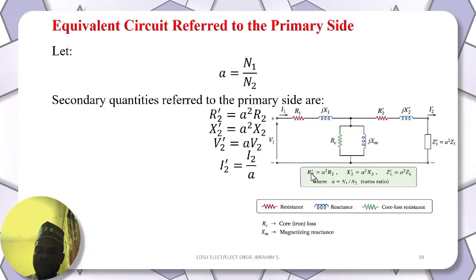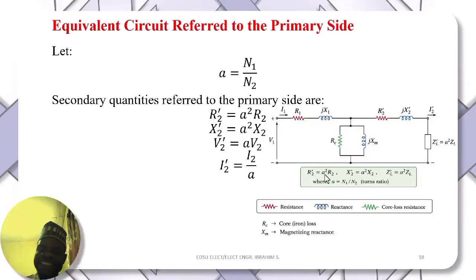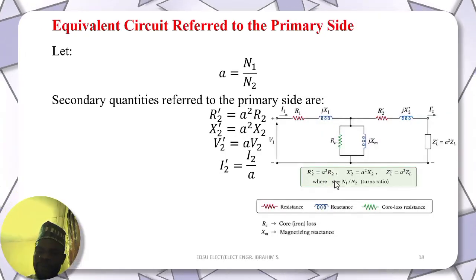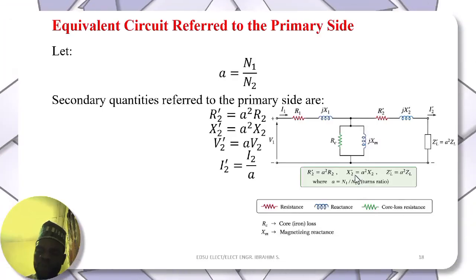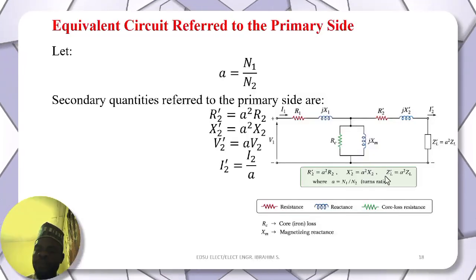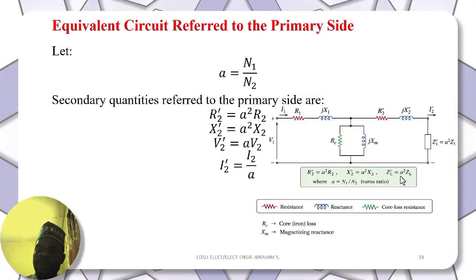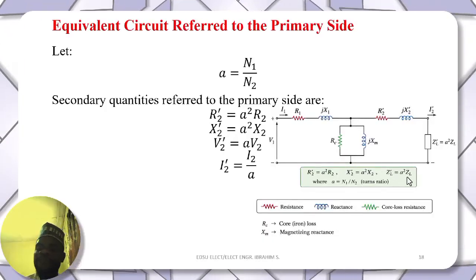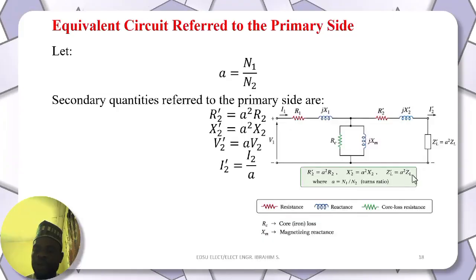So our secondary resistance when referred to the primary is a squared, that is turns ratio squared, times R2. Then our secondary reactance when referred to the primary is also turns ratio squared times X2. Then our load impedance when referred to the primary is turns ratio squared multiplied by our load.